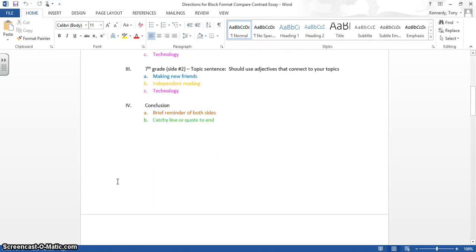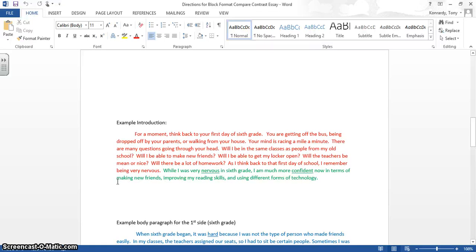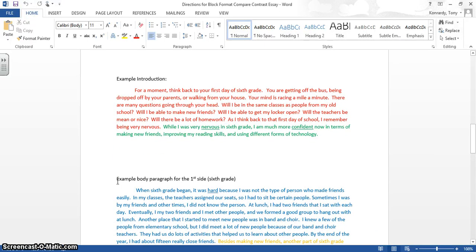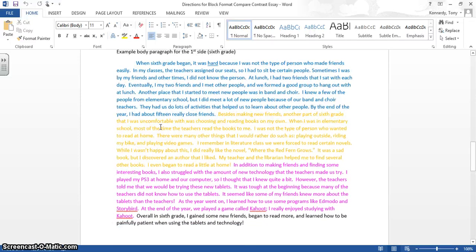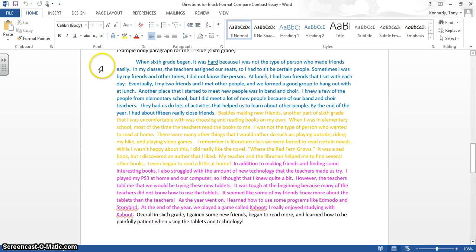Then as we go into writing, remember our introduction all stays together, one paragraph. It's got some attention grabbers. It's got a thesis statement. And because we're in block format, our body paragraph is going to be big. This is one paragraph. And the way that we keep track of things and separate is these transitional words.